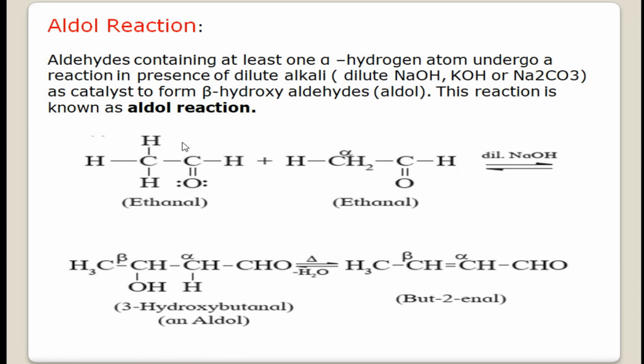This is the aldol condensation reaction in the presence of dilute sodium hydroxide. The product formed is 3-hydroxybutanal, an aldol. Aldehyde and alcohol groups are both present. These two functional groups are present, therefore it is known as aldol condensation.